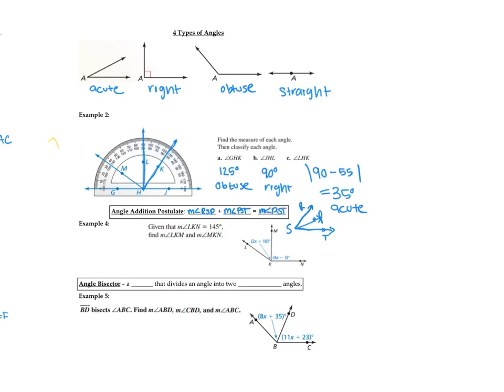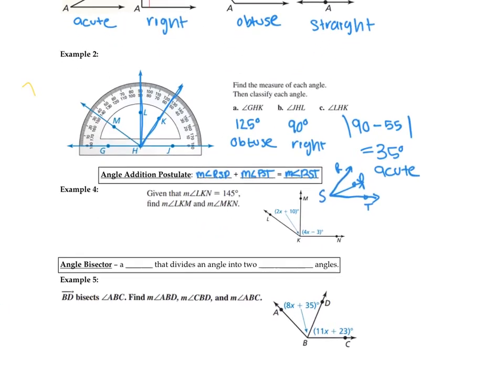So if you have the smaller angle plus the smaller angle, it's going to equal the overall angle. That is the angle addition postulate. That is something that you might have to use in the future when we're doing proofs, so make sure that you memorize it.